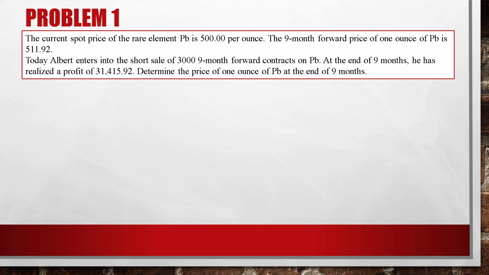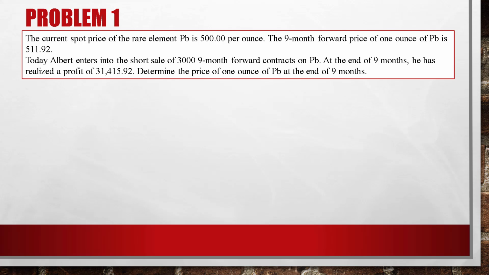Today Albert enters into the short sale of 3,000 9-month forward contracts of PB. At the end of 9 months, he has realized a profit of 31,415.92 cents. Determine the price of 1 ounce of BB at the end of 9 months.